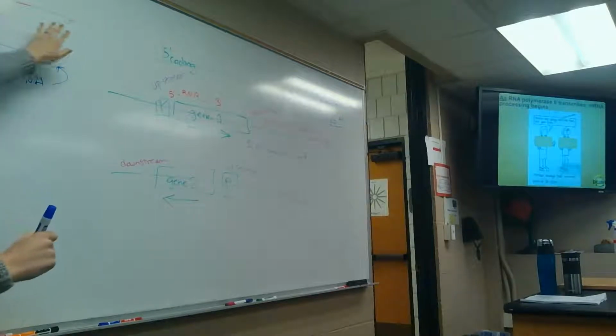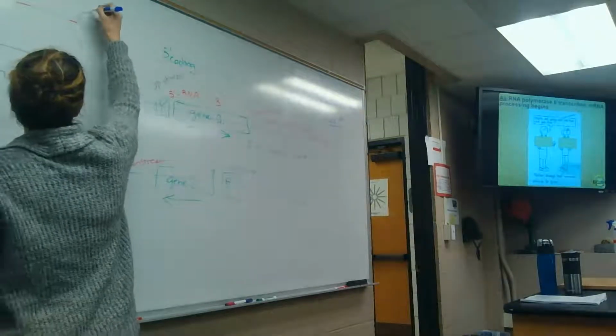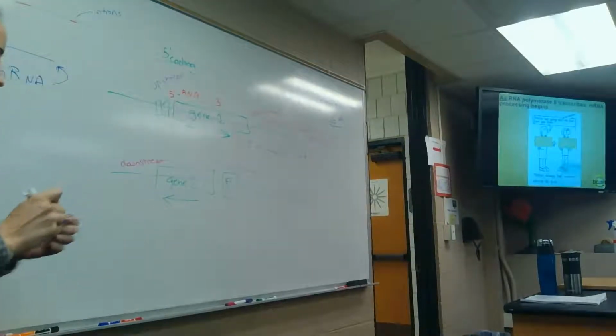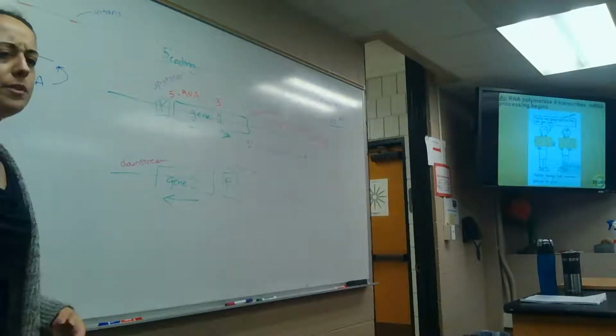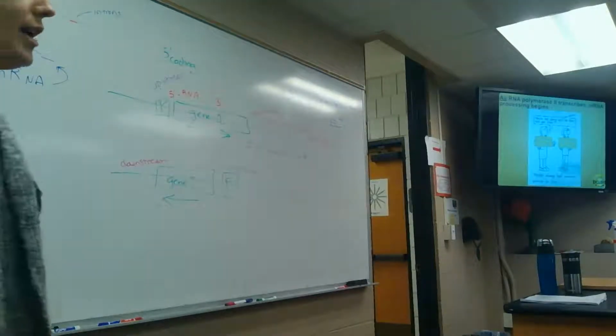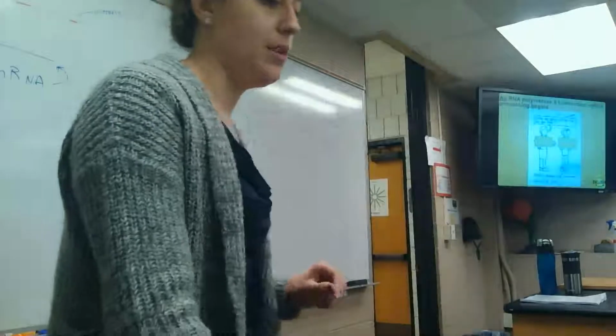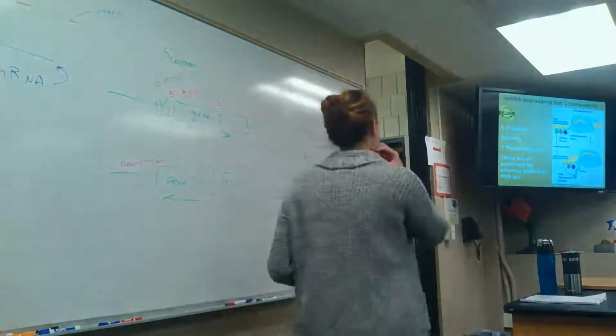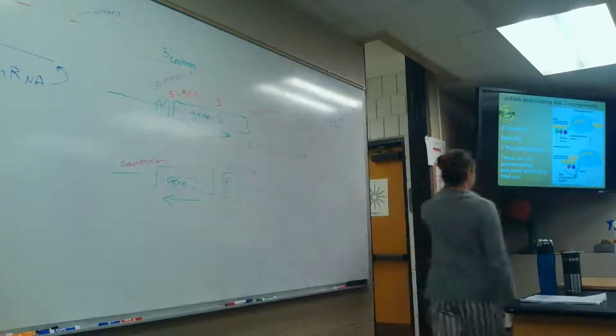These are called introns, and these are sequences that are not going to be part of the final mRNA. I'll talk a little bit more about them in a moment, but I want to first give an overview of what we're talking about.